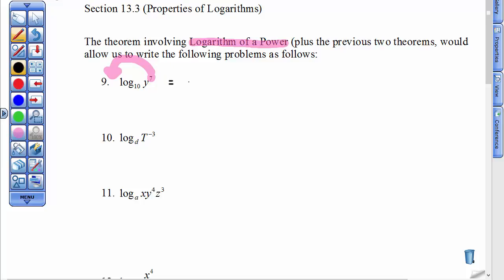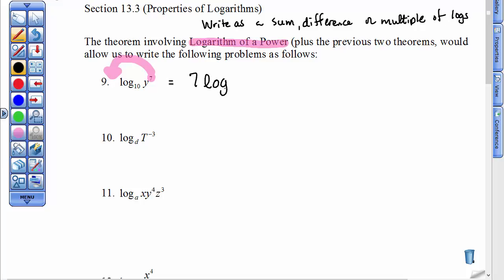Test questions might say write as a sum, because you might have multiplication, difference, because you might have division, or multiple, which is this one right here that we're doing right now, of logs. And so you're just showing me you know how to use the theorems. So this one, I'm wanting you to put the 7 in front, so you're writing it as a multiple. 7 goes in front.